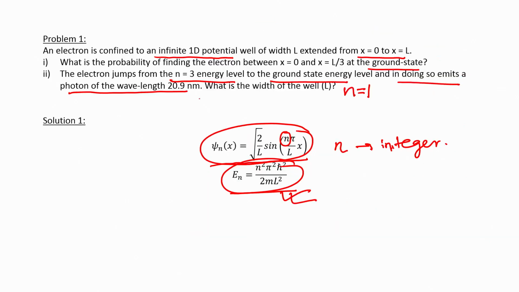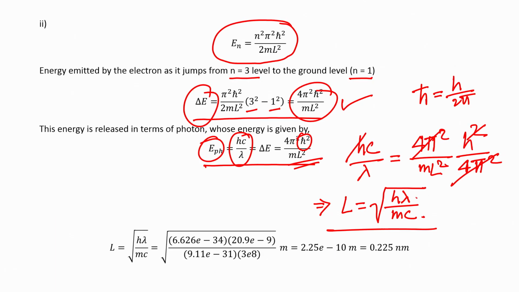Your wavelength is given as 20.9 nanometers, so lambda is equal to 20.9 nanometer. H is the Planck's constant whose value is 6.626 E minus 34. M is the mass of the electron, and C is the velocity of light in free space. If you plug in those numbers, L will come as 0.225 nanometer. That is the width of your infinite 1D potential well.